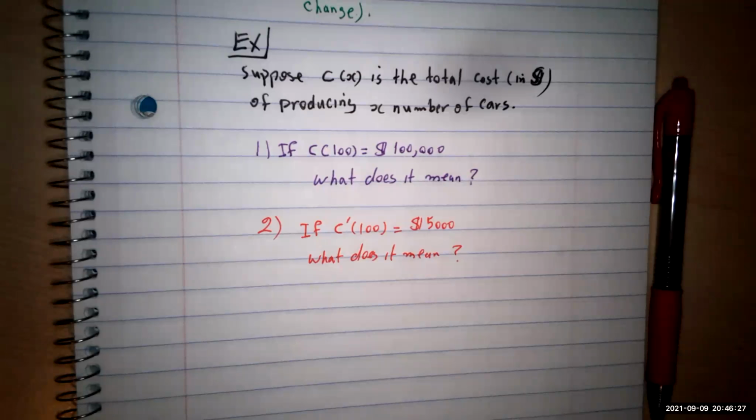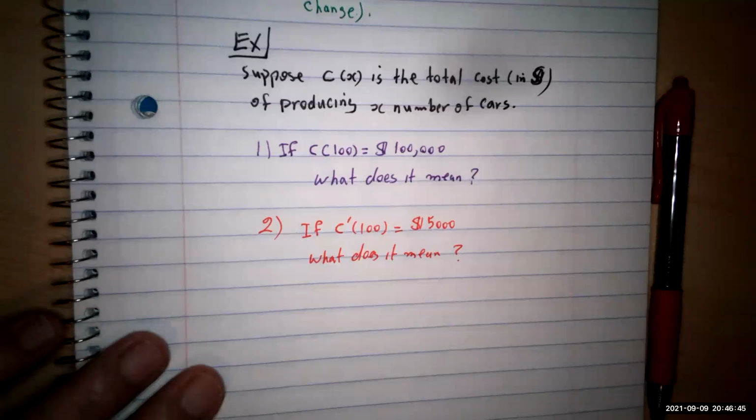Would it mean that it costs $100,000 to make 100 cars? Excellent. That's it, yes. The total cost of producing 100 cars is $100,000, because C of x is the total cost. So this is how we answered the first part.